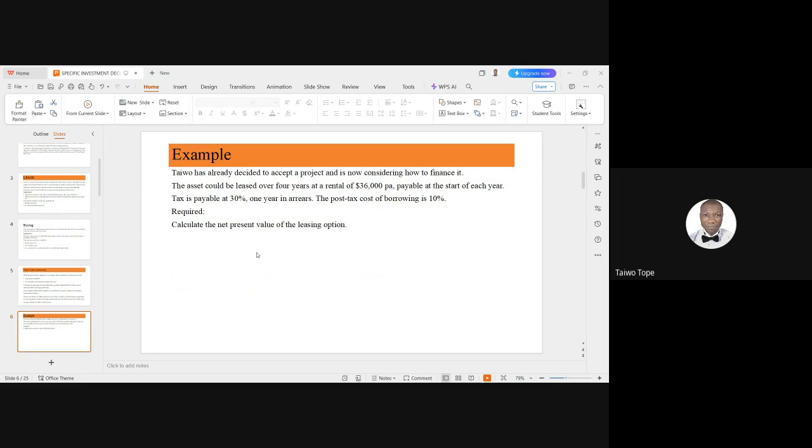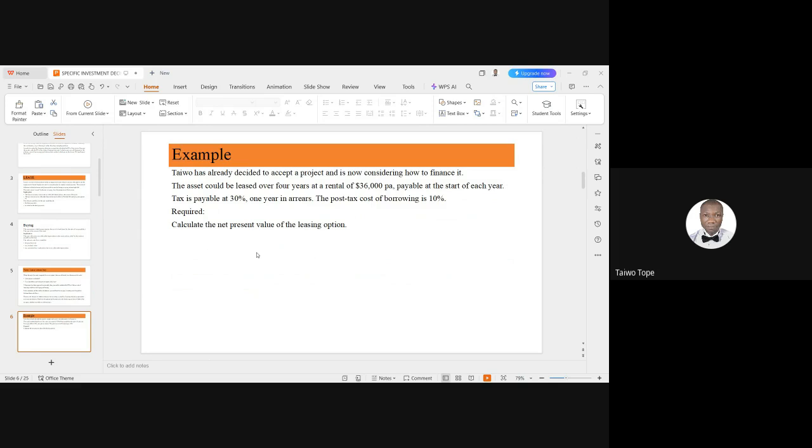It means tax for year 1 will be due in year 2, tax for year 2 will be due in year 3, tax for year 3 will be due in year 4, in that order. So the inflow, which is the tax savings, the tax shield, we start at year 1, year 2, year 3, year 4. So the tax will be paid in arrears.